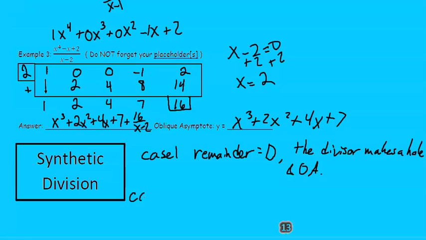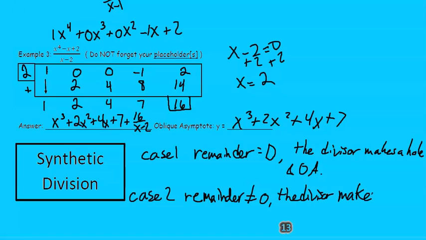And then case 2, when the remainder is not 0, the divisor makes a vertical asymptote. And the quotient, y equals the quotient, is the oblique asymptote.